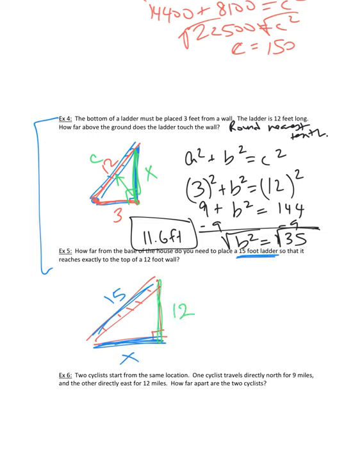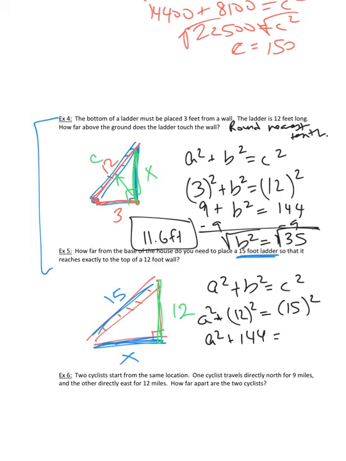So in this problem, I don't know what that is. When I plug into a squared plus b squared equals c squared, I'm going to be using 15 for my hypotenuse, c. 12 can go for either a or b. And I'm solving for the other leg, a or b. So a squared plus 144 equals 225, since 15 squared is 225.